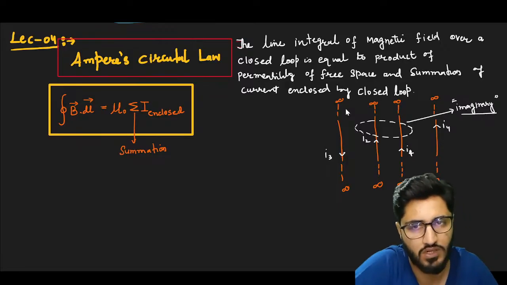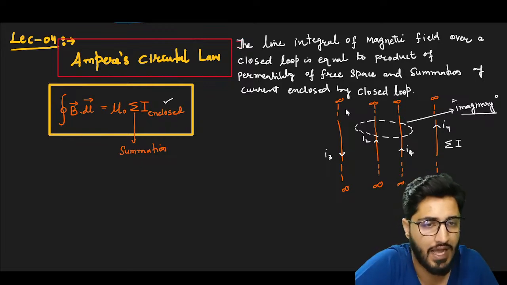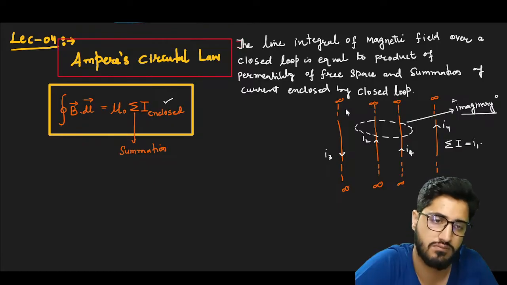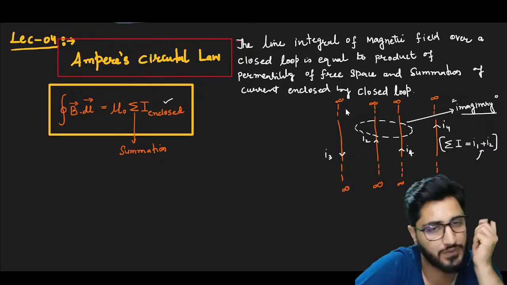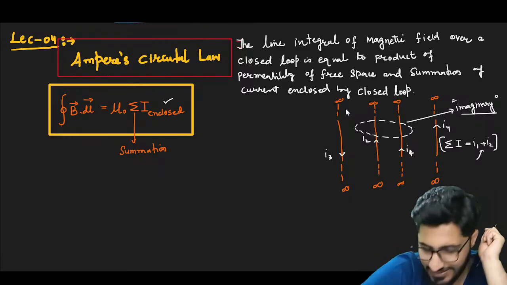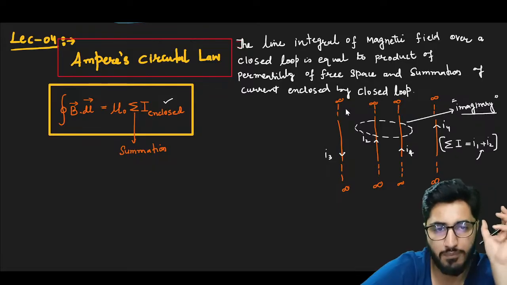Look now, what is I enclosed? Enclosed means we need to take only that current which is inside the loop. If I need to write the summation of I, it is only I1 plus I2. Why, sir? Because the direction of current is the same. That is why we add I1 plus I2. This is all about Ampere's circuital law.